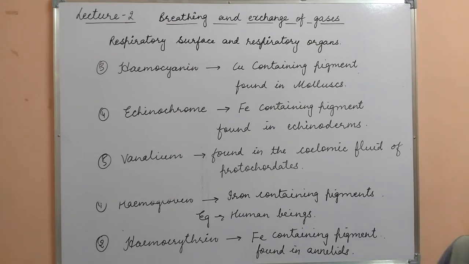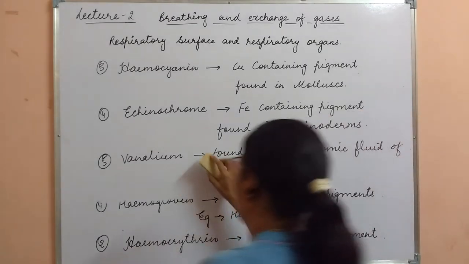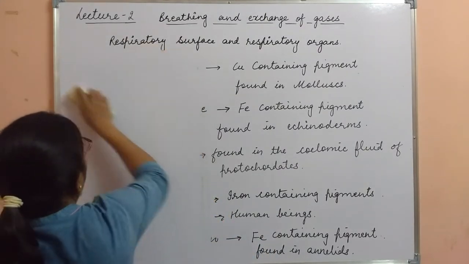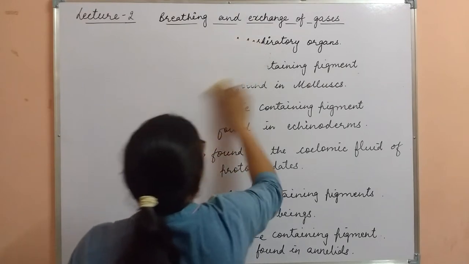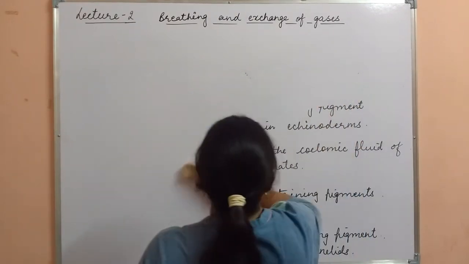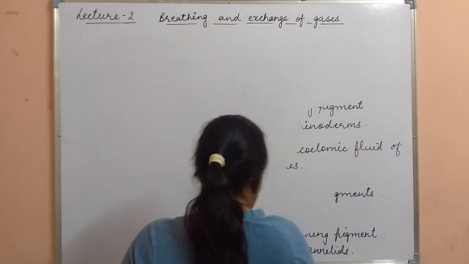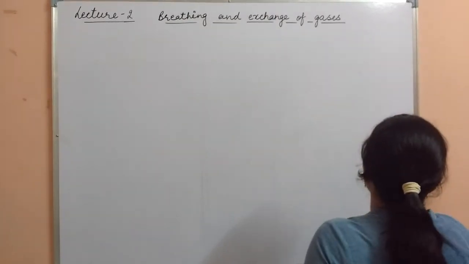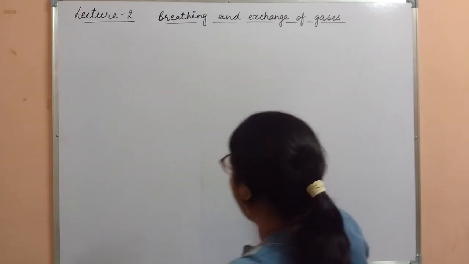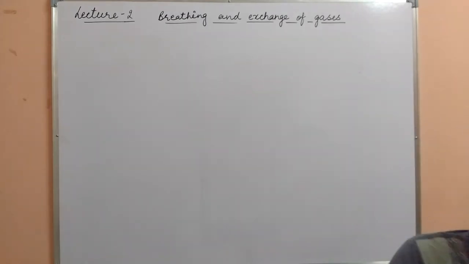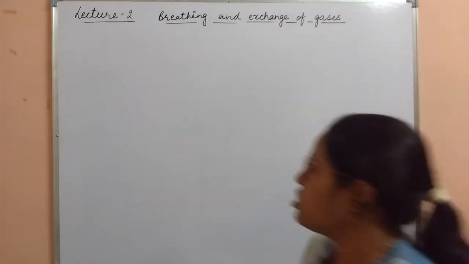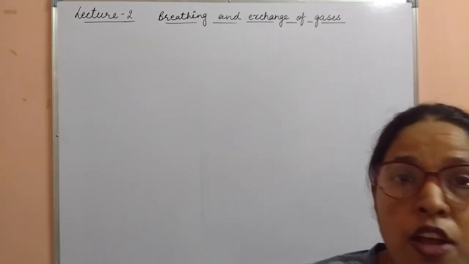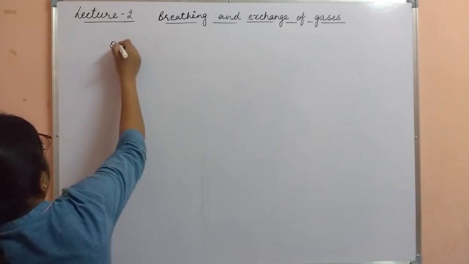Next one is the organs required for respiration. There are different types of organs present in organisms for respiration, and depending upon the name of the respiratory organ, the type of respiration is also defined. So the first organ for respiration is skin.